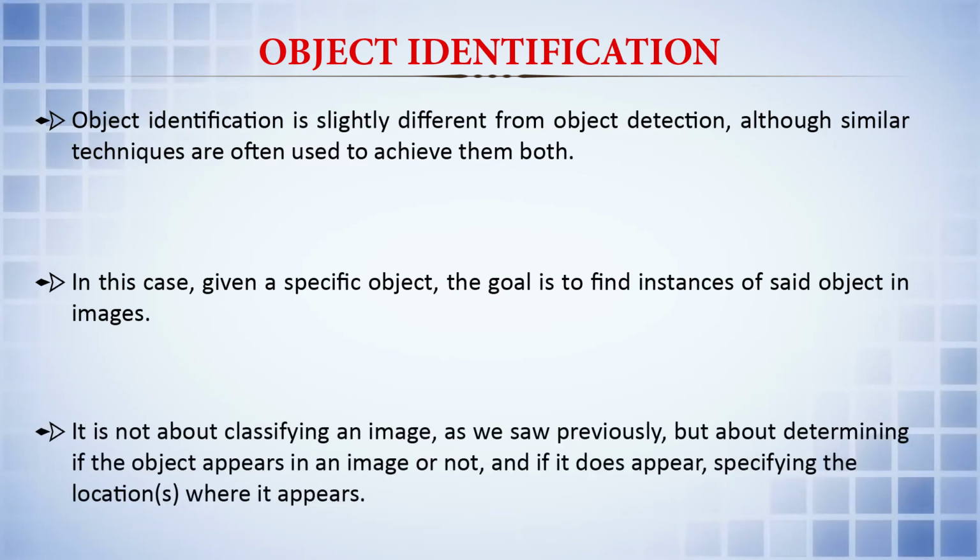So it is not about classifying an image as we saw previously, but about determining whether the object appears in an image or not, whether in the particular frame that object appears or does not appear. If it is appearing, how many instances. So these kinds of things are handled using this object identification task.